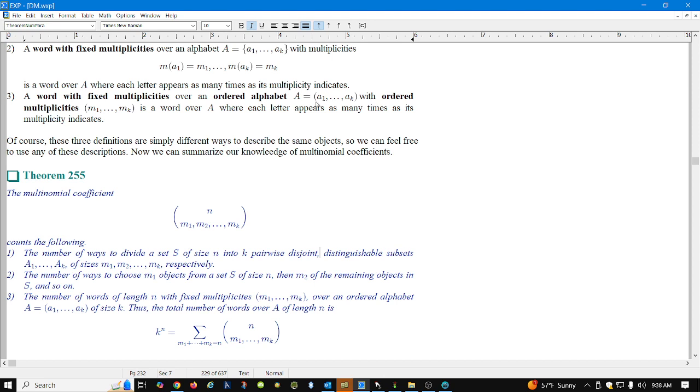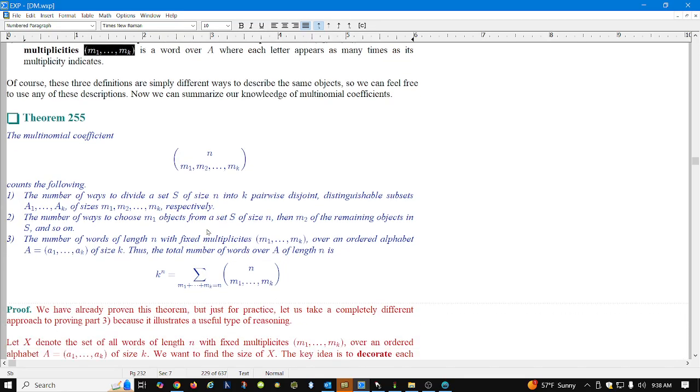If you order the elements of the alphabet, you don't have to write something like this. You can simply write this. And from this last description, we can get a formula for the total number of words over A of length n. We know it's k to the n for other reasons, but we now know it's also the sum of all the multinomial coefficients.